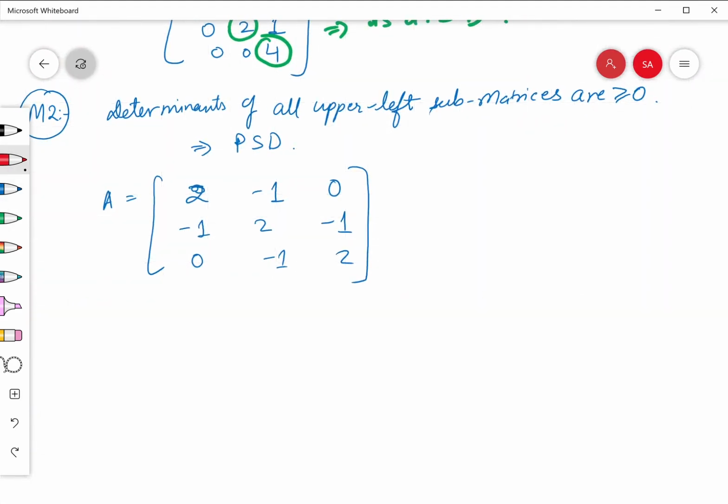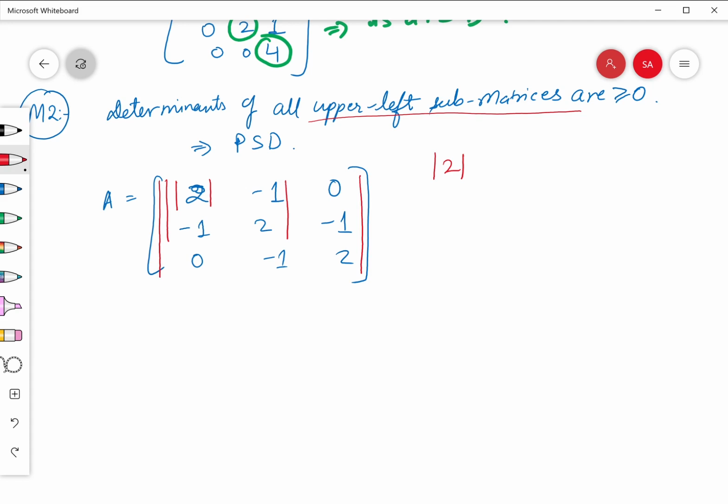So what is the determinant of all upper left sub matrices? The first upper left matrix is 2. This is the second upper left matrix, and this whole is the third upper left matrix.